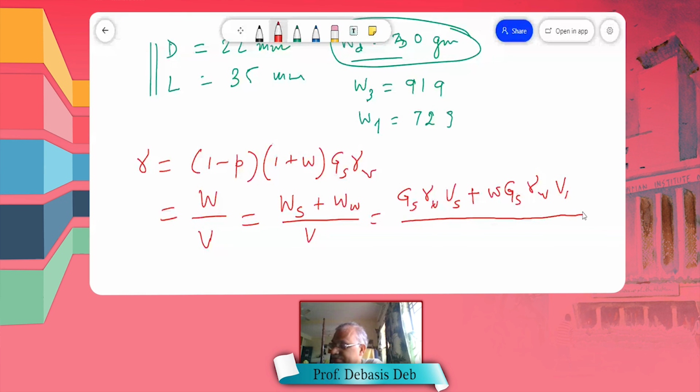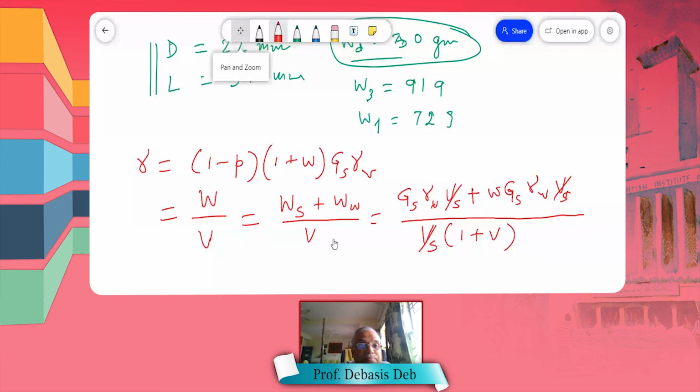And in the bottom, the total V, we can write it as VS. The reason I'm changing it to VS is that you see VS everywhere in the top. And this is 1 plus the void ratio. If you relate the void ratio to VS and total V, you will find this. So now the entire VS will cancel.